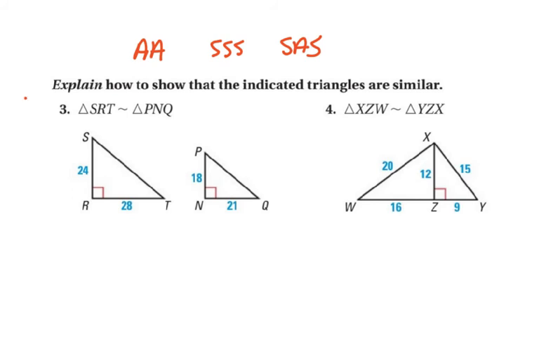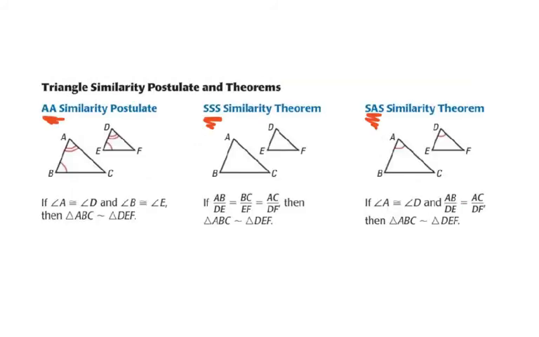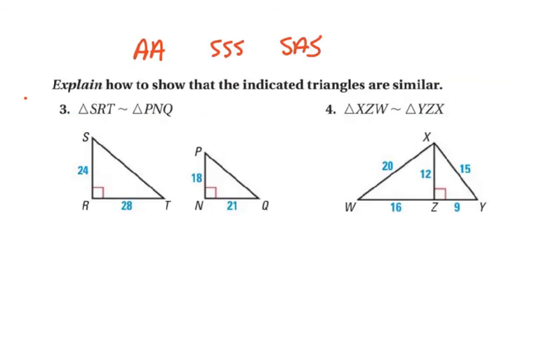That's what's going on in the first one. I only have 2 sides and 1 angle. We'll start by saying, oh, we got the angle. Angle R is congruent to angle N. Okay, that's good.